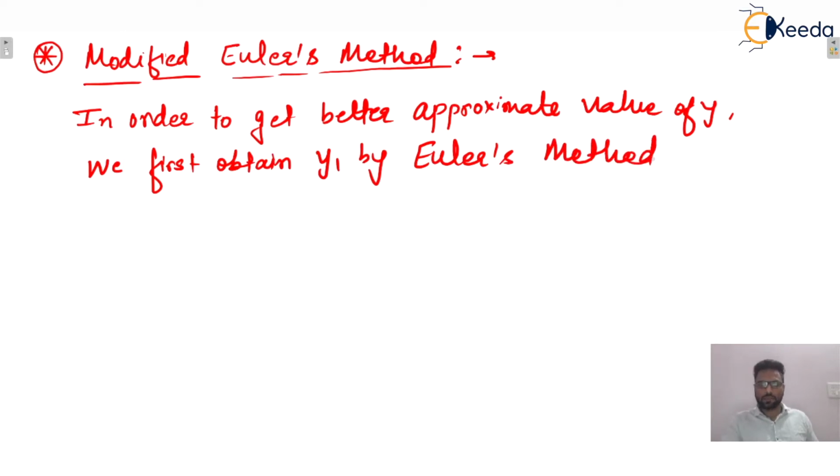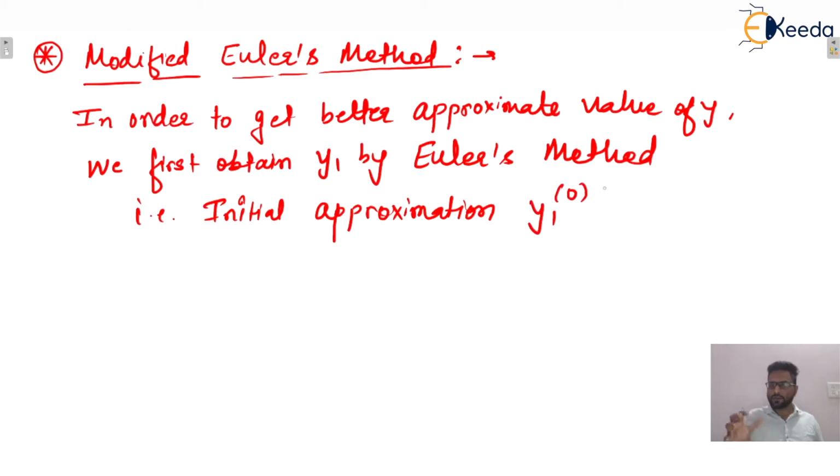We'll be getting the value of y1, isn't it? That is, we can say, the initial approximation, and this initial approximation is represented with y1 superscript 0.